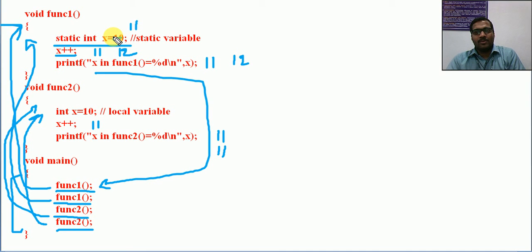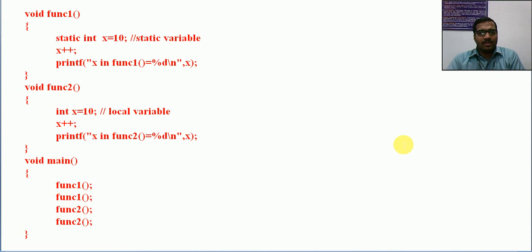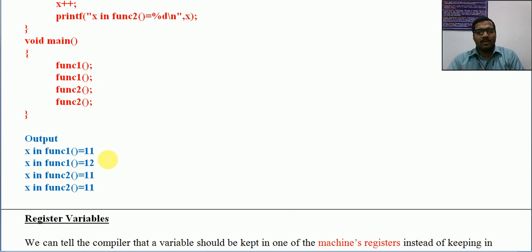No new value. If you enter into the function, the assignment is there, but it holds the previously updated value. So in certain situations we need to use this static concept. So this is the storage class that is called static variables. Okay, so the result will be like 11, 12, 11, 11.